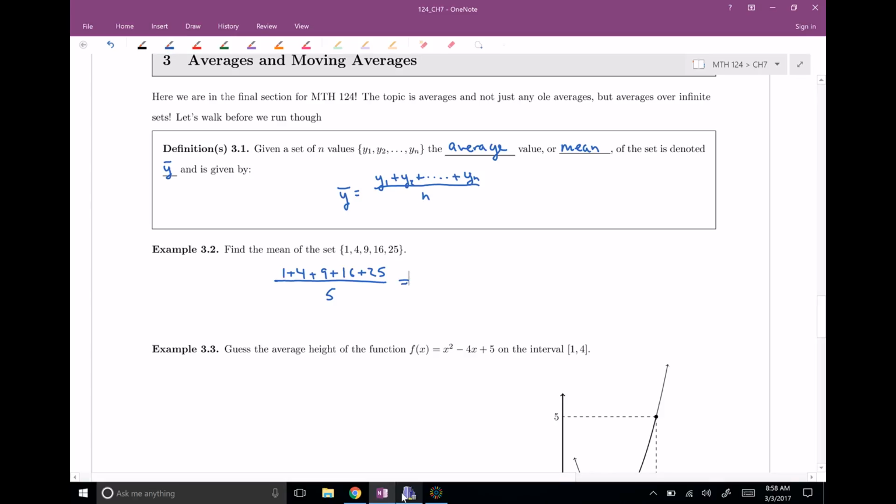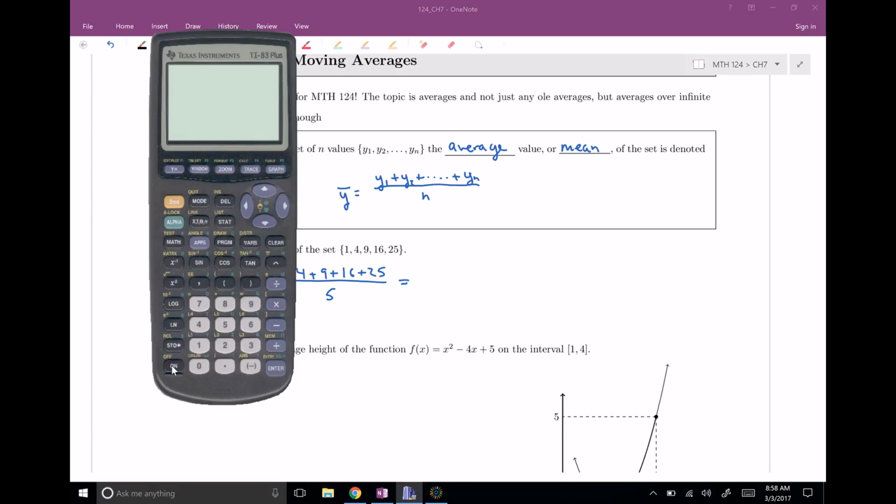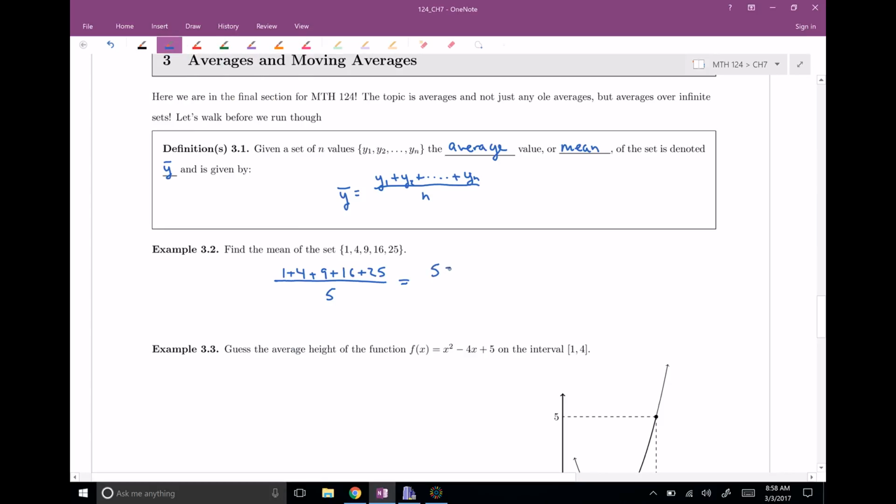Okay, let me get out my calculator just so that I don't make any silly mistakes. All right, we have 1 plus 4 plus 9 plus 16 plus 25. Enter. That is 55. And when I divide that by 5, we're going to get 11. So 11 is the mean of the set. It's the average value.